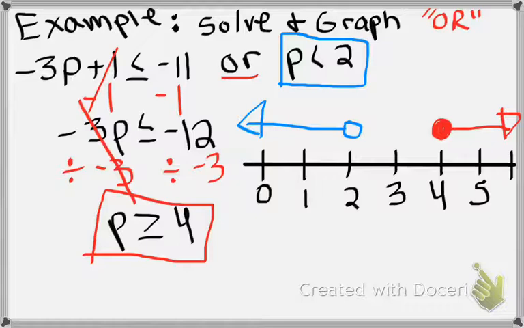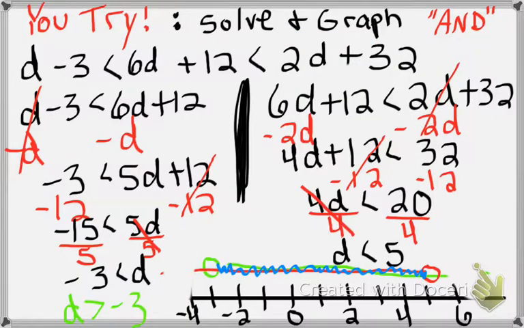You've graphed this inequality, and now you'll notice these do not intersect. They do not cross. So this is an OR inequality, meaning it's anything that satisfies either of those. The solution of an OR compound inequality is technically called a union. On the last ones we were doing, we had intersections, they overlapped.